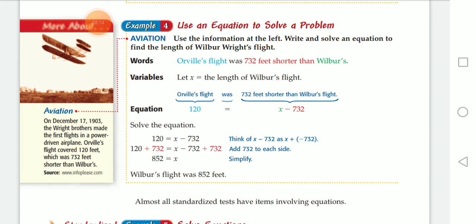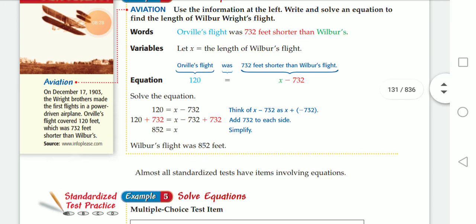Use an equation to solve a problem. Aviation, you know aviation. Flying. Using the information at the left, write and solve an equation to find the length of Wilbur Wright's flight. Orville's flight was 732 feet shorter than Wilbur's. So I have something to write.